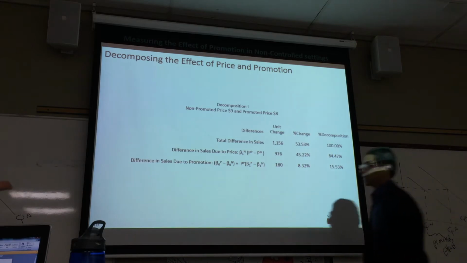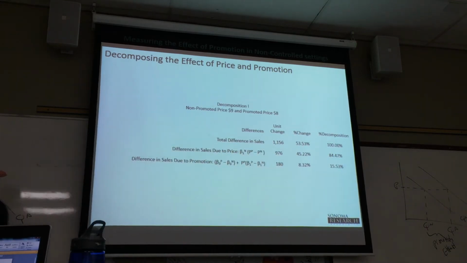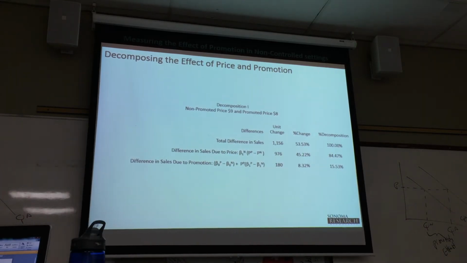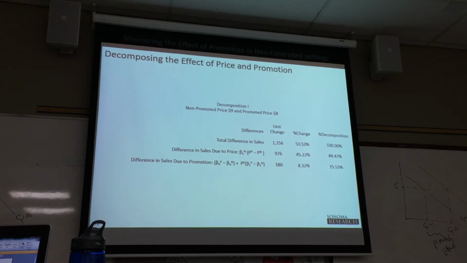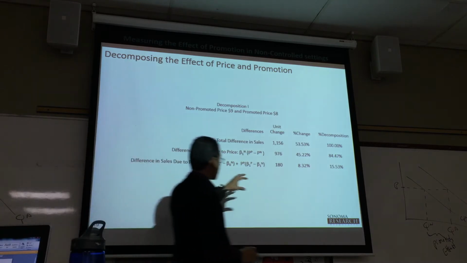If you would have simply lowered price, you would have increased sales by 45%. The rest of that increase in sales was due to the promotion, 8%. And depending on the statistical significance, you can say that for certain. We'll look at that when we look at all the Outreg stuff.